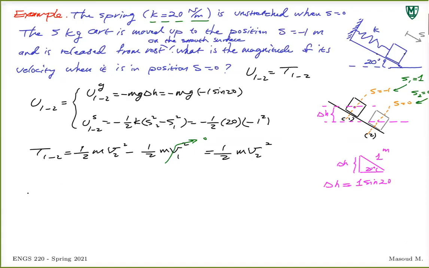So just putting everything together, you'll get mg sine 20 degrees plus 10 from that one is equal to 1 over 2 m v2 squared.